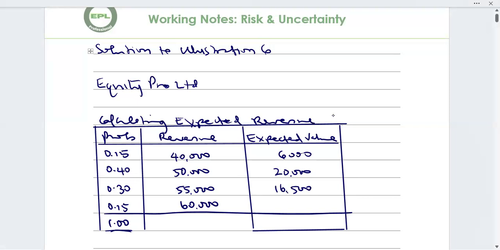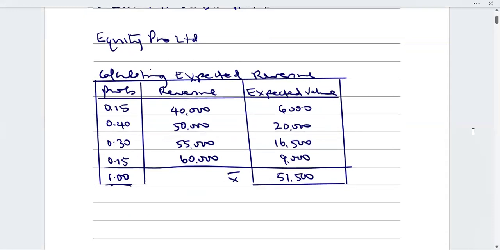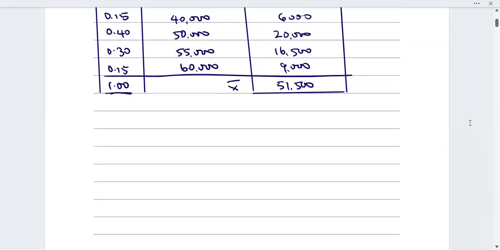Then 15% of 60,000, 9,000. Add it up: 42,500 plus 9,000. That's 51,500. That's the expected revenue. I will also determine expected running costs.